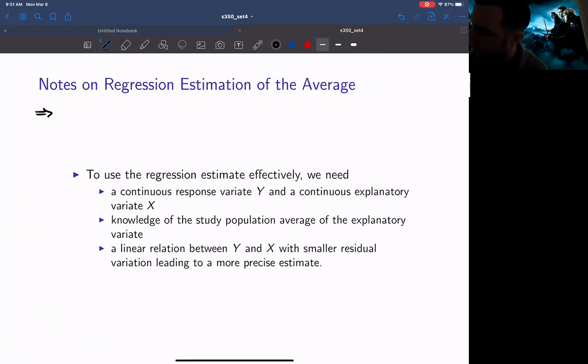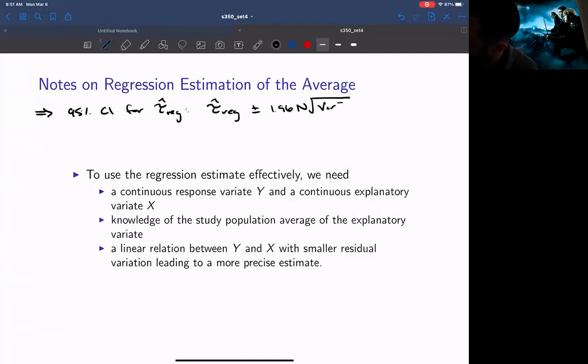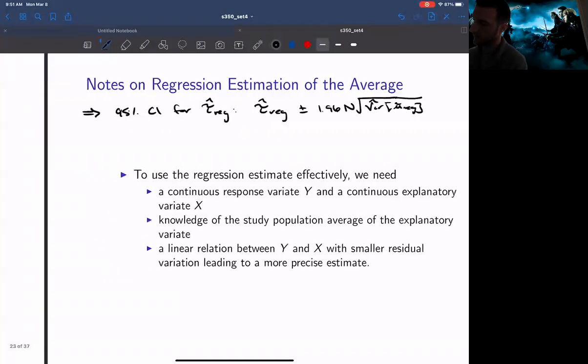So then we have the 95% CI for tau hat reg would be tau hat reg plus or minus 1.96 multiplied by N times the square root of the estimate of the variance of mu tilde reg.